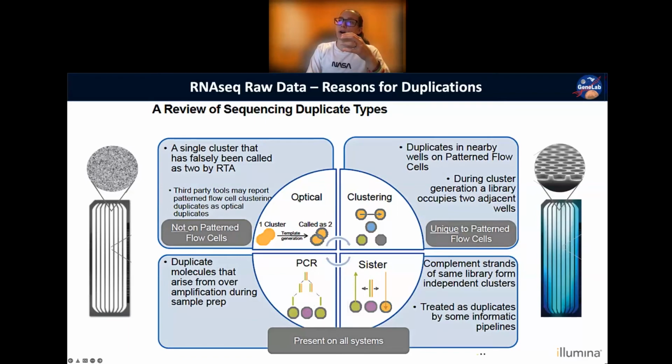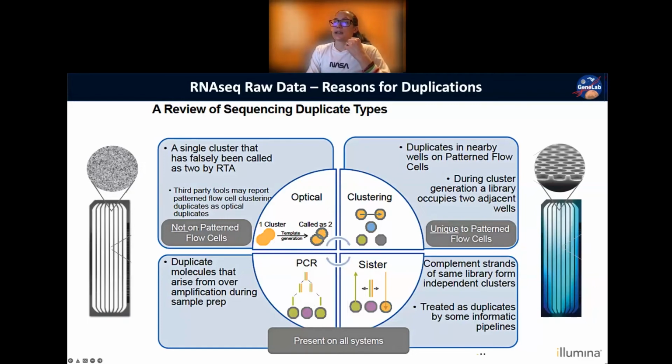And so when the algorithm is interpreting these clusters, even though this all came from one original insert or one original library, the algorithm could think that it's 2. It would consider this 2 separate clusters, and they're identical, right? Because they came from the same library. And so that would be called as 2, and that would be a technical duplicate.